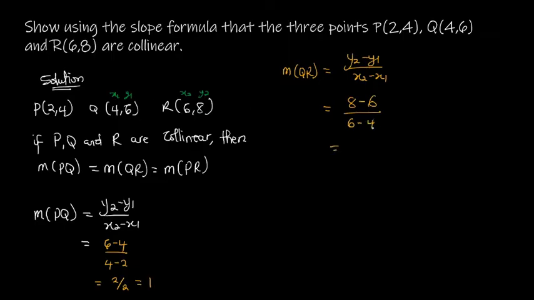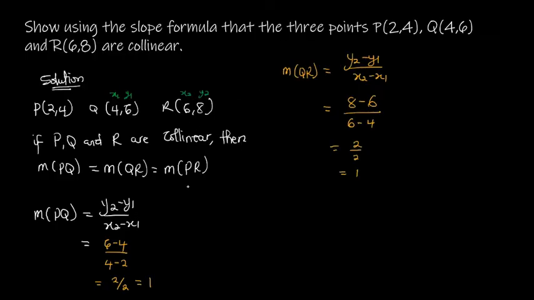This is equal to 8 minus 6, which gives me 2, and 6 minus 4 also gives me 2, so this is equal to 1. So already we can see that the gradient of PQ and the gradient of QR are the same.